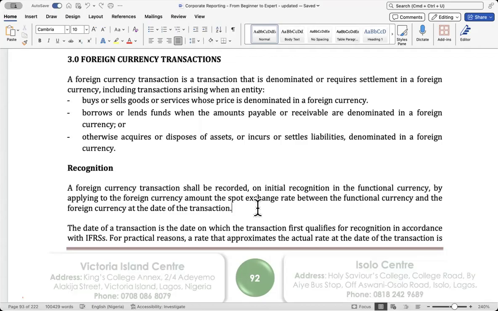Of course, the foreign operation will really have no serious business with FIRS because they're not making money in Nigeria. They would have paid tax in the country in which they are making money. That would not really be an issue for them, except if they are consummating transactions in Nigeria. Then withholding taxes will come in, which might be the final tax, and a lot of other issues. We call them non-resident entities.